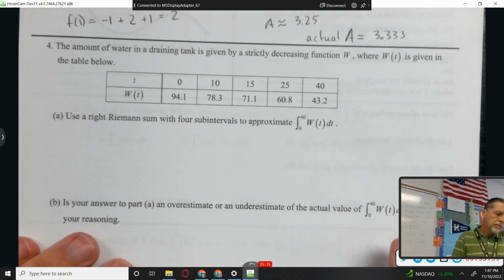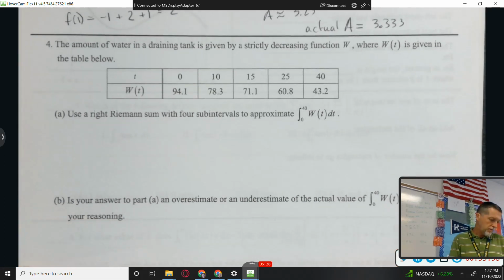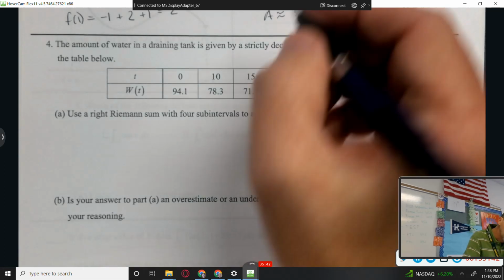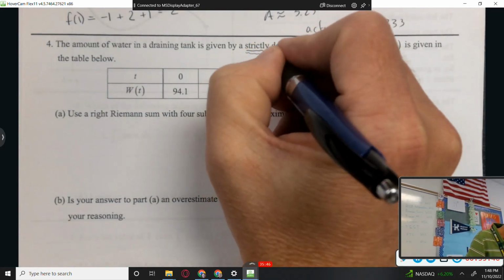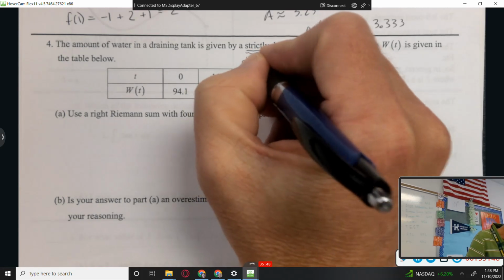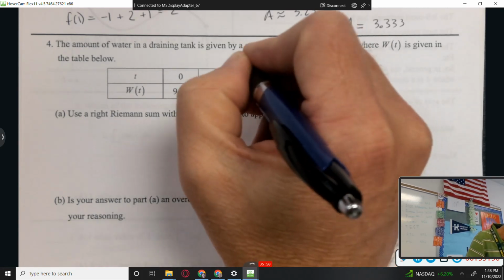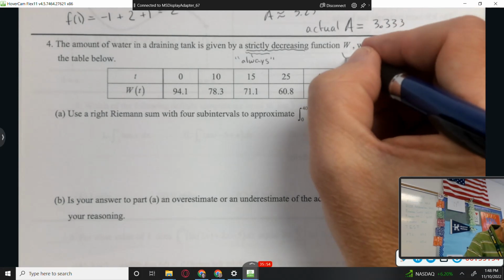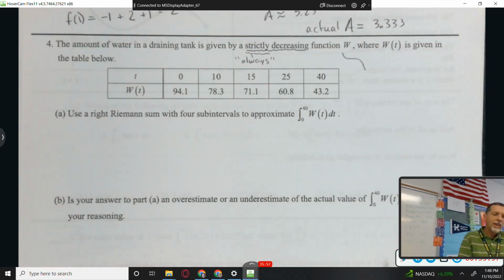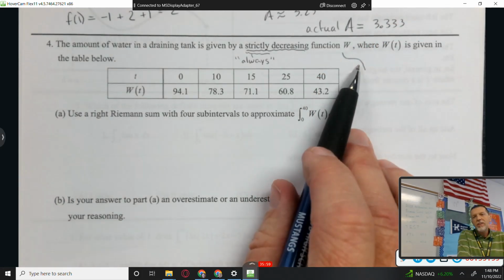Computers, yay. Number 4. The amount of water draining in a tank is given by a strictly decreasing. Strictly decreasing doesn't quite mean always decreasing, but it's pretty darn close to always. Meaning it could level off. And so would you say that that's always decreasing?